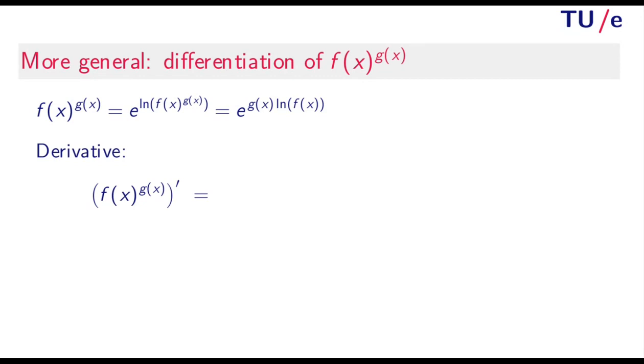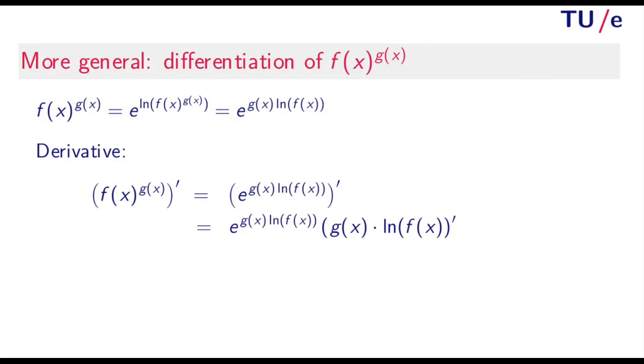So, the derivative of f(x) to the power g(x) equals the derivative of e to the power g(x) ln of f(x), and that's e to the power g(x) ln of f(x) times, that's the chain rule, the derivative of g(x) times the ln of f(x).